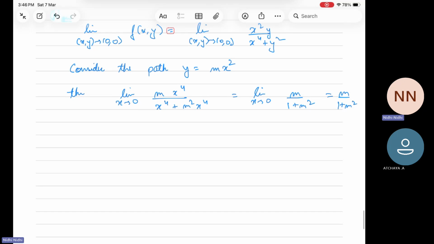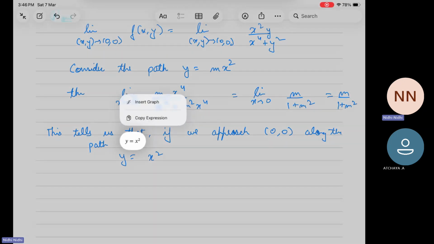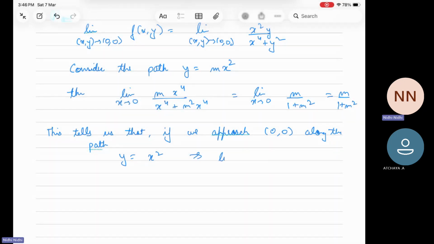Now this tells us that if we approach the origin along the path y is equal to x square, taking m equals to 1, in this case, limit xy tending to 0, 0, f(x,y) is here.